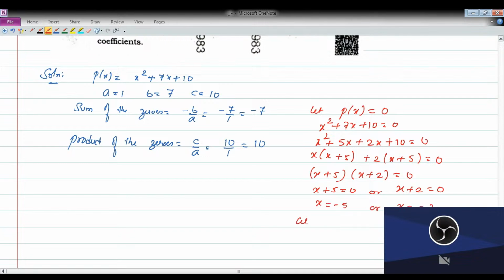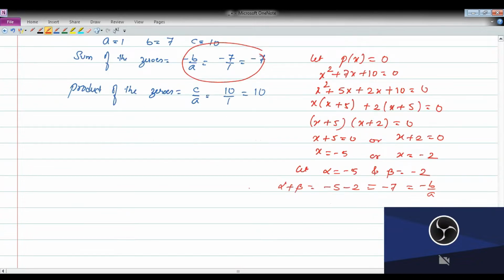Let us take alpha is equal to minus 5 and beta is equal to minus 2. If alpha is equal to minus 5 and beta is equal to minus 2, what is alpha plus beta? That is equal to minus 5 minus 2, that is equal to how much? Minus 7. It is nothing but minus b by a. You can see here minus b by a is also equal to minus 7.